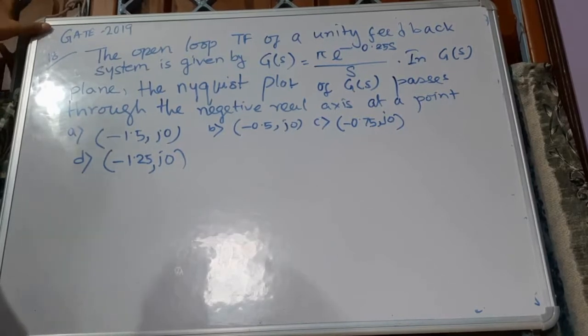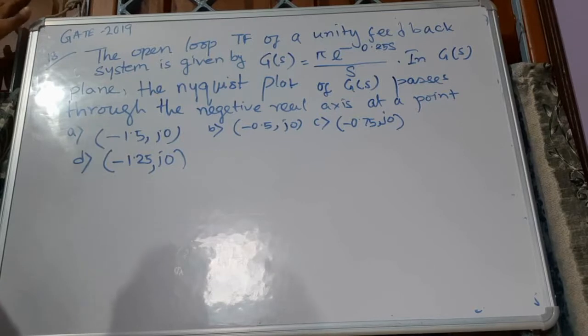In GATE 2019, this is problem number 18. The open loop transfer function of a unity feedback system is given by G(s) equals pi e to the power minus 0.25 s divided by s. In the G(s) plane, the Nyquist plot of G(s) passes through the negative real axis at a point.